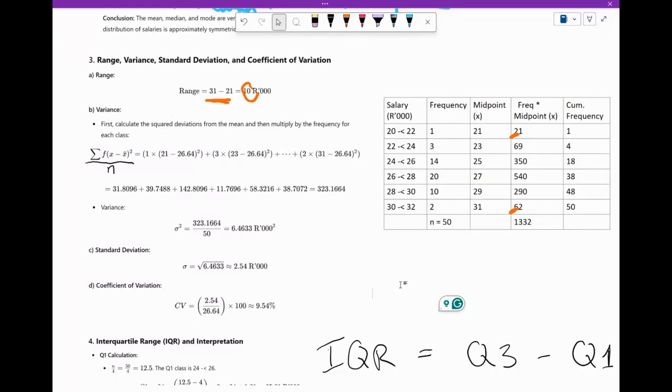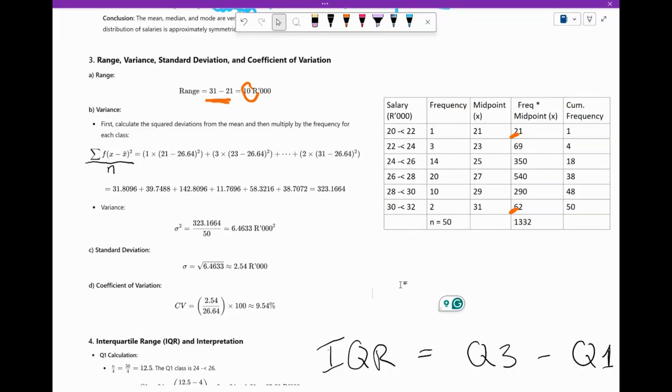It's 3. And the midpoint for that one is 23. So as long as you understand your formula, which is provided to you, but watch out, because the formula on your formula sheet doesn't have brackets. Remember the mess we made when we did ungrouped data. We didn't have the brackets, and it gave us a way off answer. So you do the same thing for all the other classes.